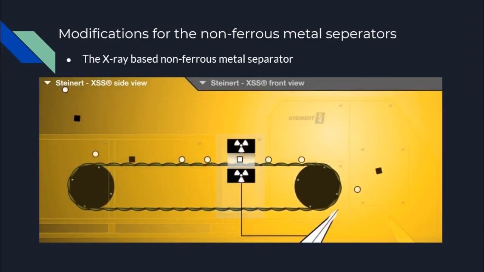The non-ferrous metals will be detected and signals will be sent to the end of the conveyor belt. The air jets receive these signals and will shoot out a stream of air when the non-ferrous metal reaches the end to eject the metal. Here is a video of the X-ray based non-ferrous metal separator.